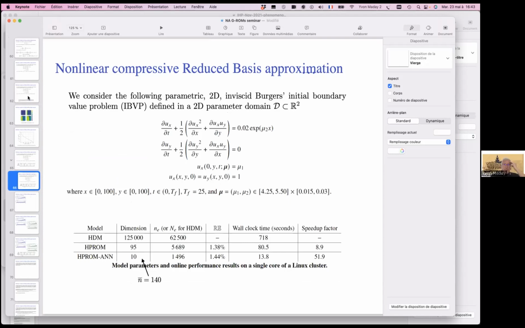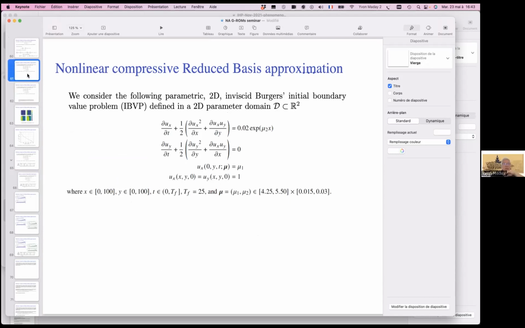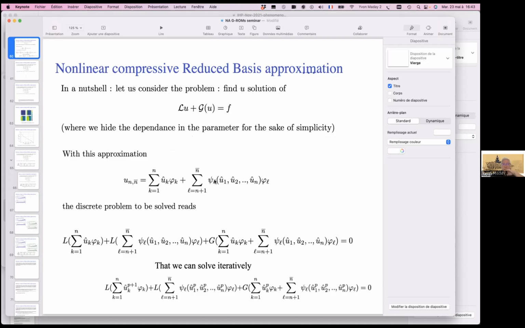But the value of the parameter is used. We use different parameters and different time steps in order to learn this mapping. Okay, but it is a discrete one.